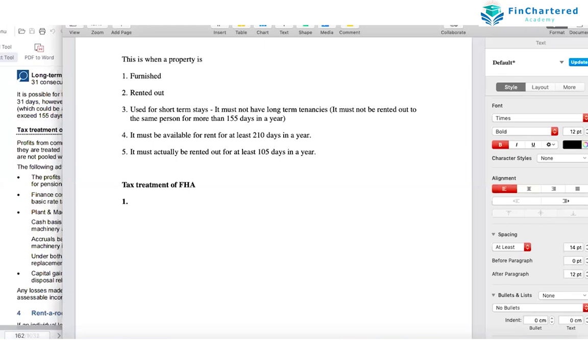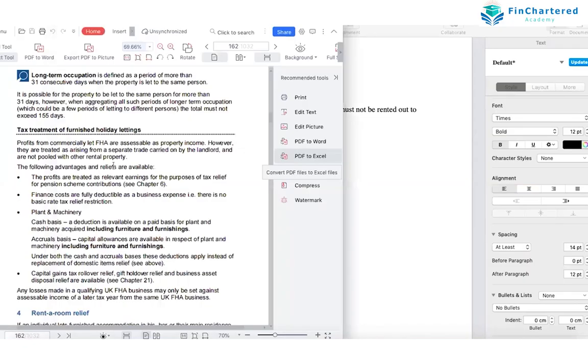First thing is, this is treated as a separate business, meaning that FHA income will not be totaled with other rented property. What do I mean by that?